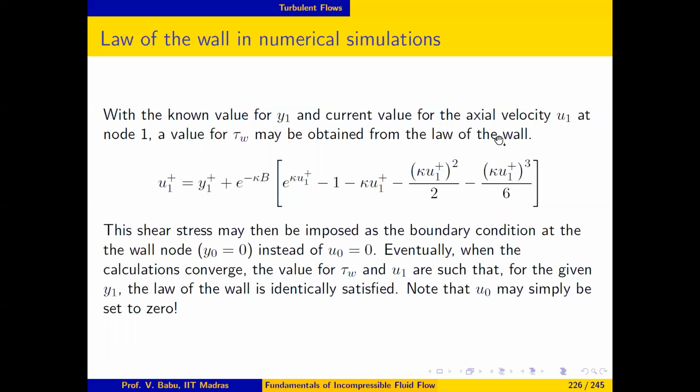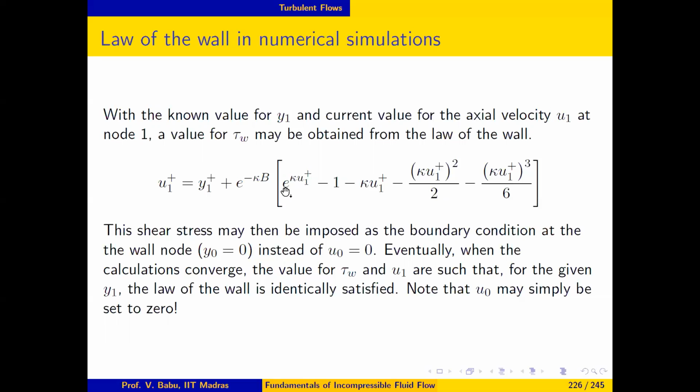Based on y1 and u1, I can go into this expression. Notice that if I apply the law of the wall at y1 on the first node, I get this expression. The only unknown in this expression is the friction velocity, or indirectly the wall shear stress, tau wall. So I can solve this equation to get the tau wall.